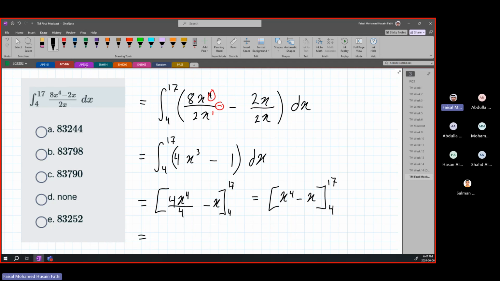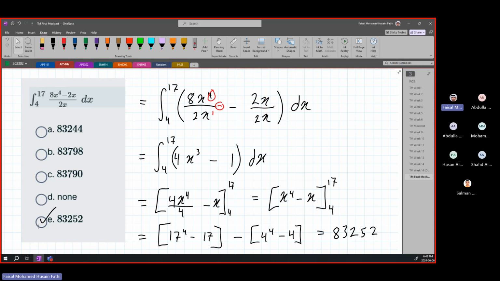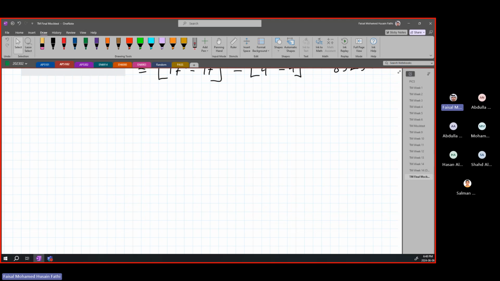So this is going to be equal to 17 power 4 minus 17, minus 4 power 4 minus 4, and this will give you 83252, which is the last answer over here. All right. Again, you can just use the calculator if you want. Going on to the next question.